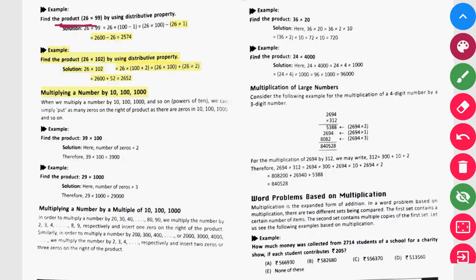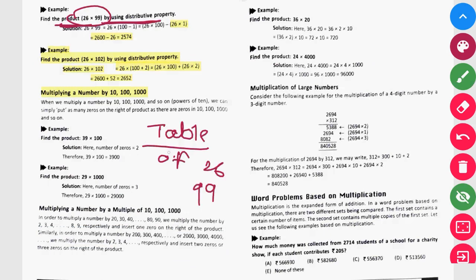Now see, find the product of 26 and 99 by using the distributive property. You don't know the table of 26, and you also don't know the table of 99. Then how are you going to multiply 26 and 99? So we distribute it. 99 can be written as 100 minus 1.